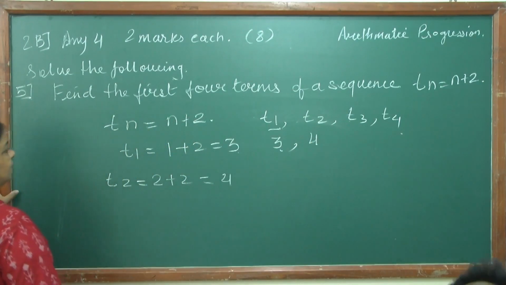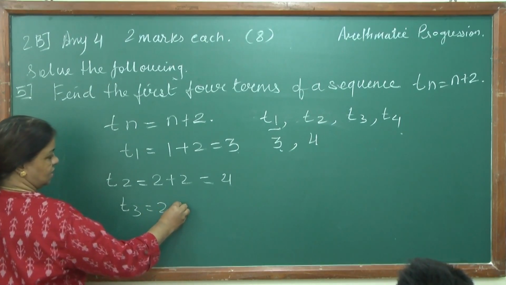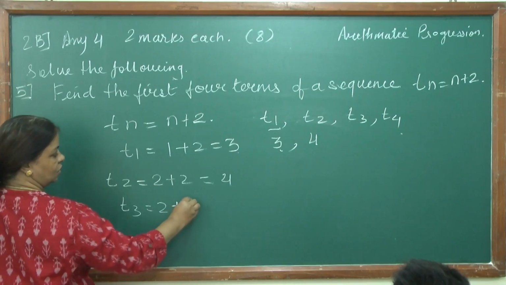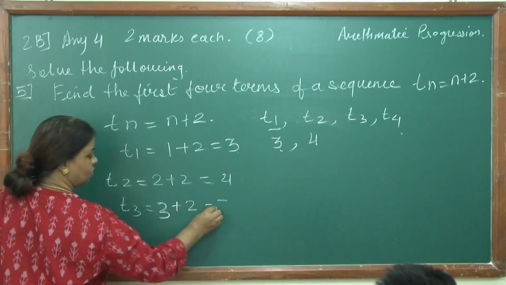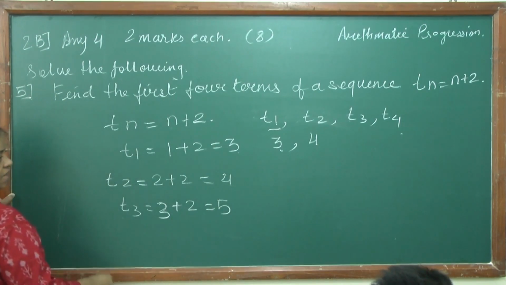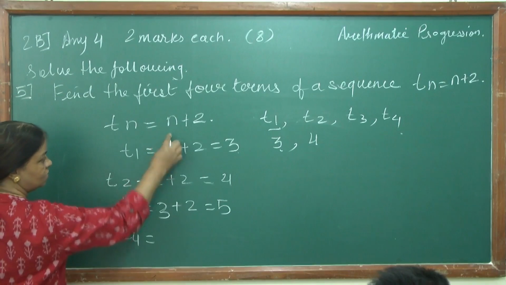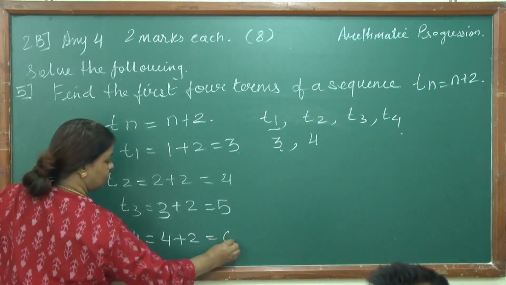T3 is, n is 3, 3 plus 2 which is equal to 5. And T4 is equal to, n is 4, 4 plus 2 which is equal to 6.